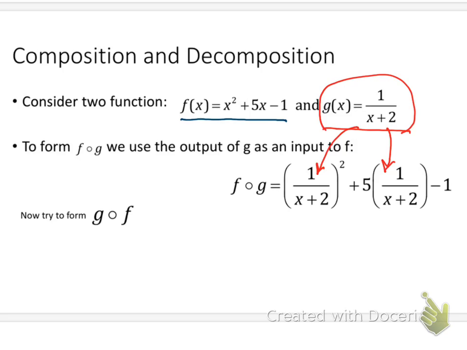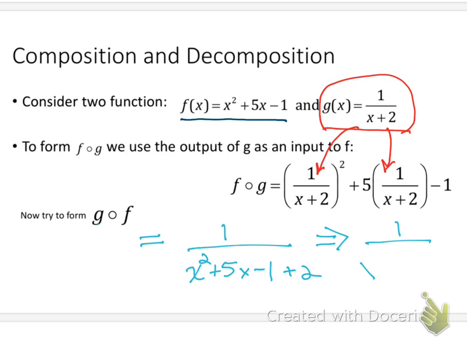So therefore, g of f is going to equal 1 over, I could write x, but instead I'm writing f of x, which is this, and then plus 2. Okay, so you would simplify this before you presented it as your final answer, and negative 1 plus 2 ends up being positive 1. So that would be how you would present your final answer for g of f.